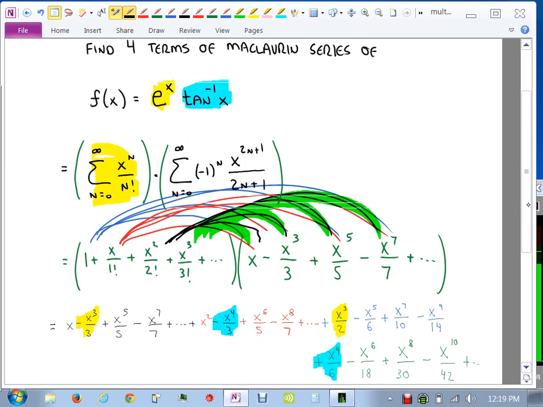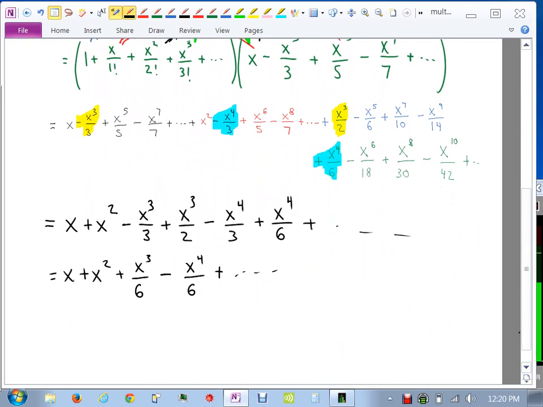I took 2 functions that I know the Maclaurin series for, wrote them as their series, wrote them out term by term, dot, dot, dot, multiplied out, got this thing, and started collecting like terms together, starting with the lowest power of x up. And I stopped when I got to the 4th term. Not the 4th power of x, just the 4th term. So I have an x term, an x squared term, an x cubed term, and an x to the 4th term. I don't have any constants, do I? No. Now this keeps going forever.